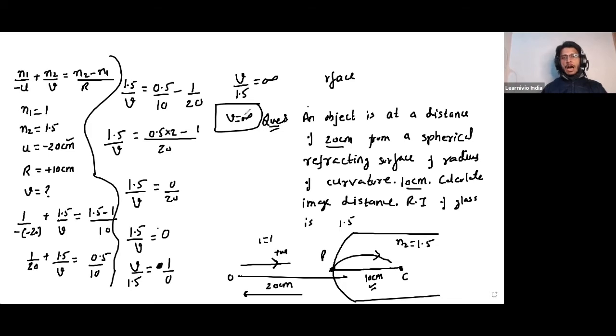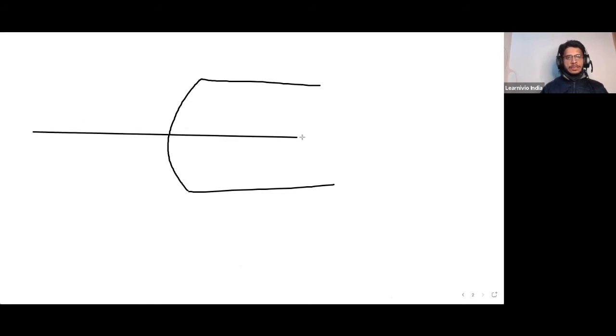v infinity means after refraction, rays become parallel to the principal axis. If I draw the ray diagram properly, I'm drawing it on the next page. This is your surface. This is the principal axis. This is the pole.